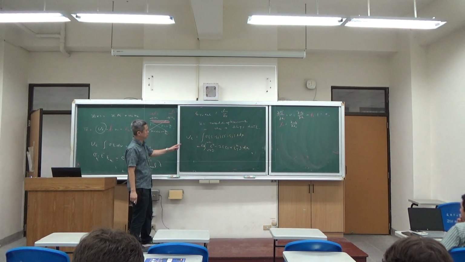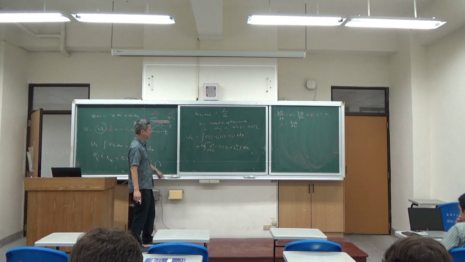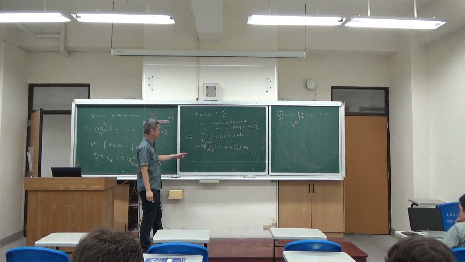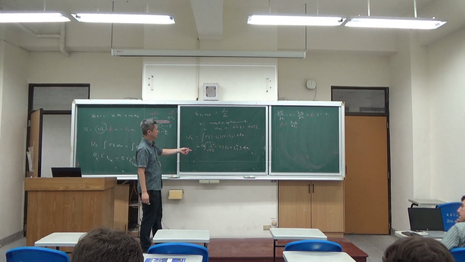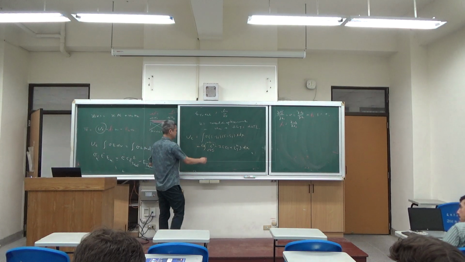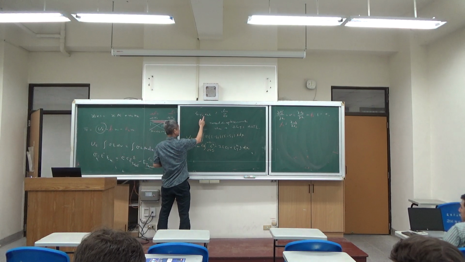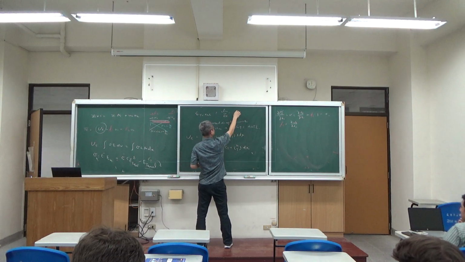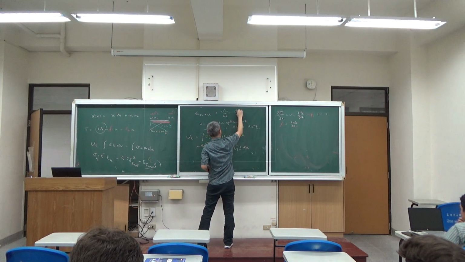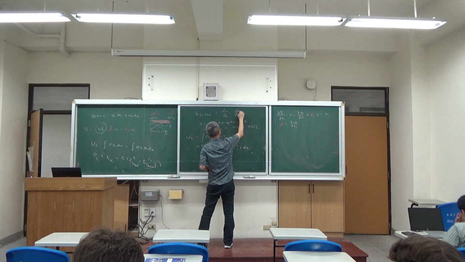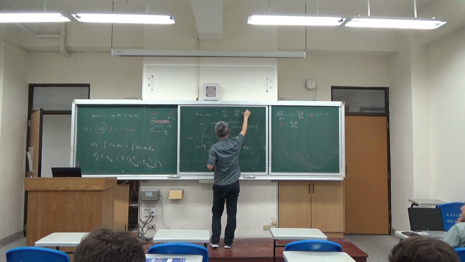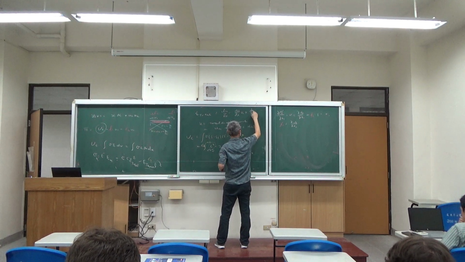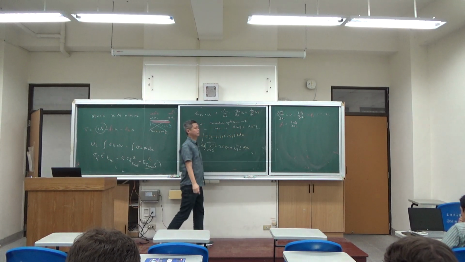This is a bit complicated, because this is epsilon. What happens if you do the expression here? Your strain is du dx, which is going to be dN1 dx u1 plus dN2 dx u2.